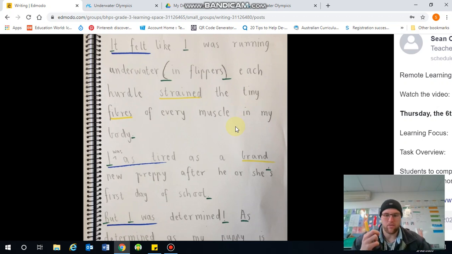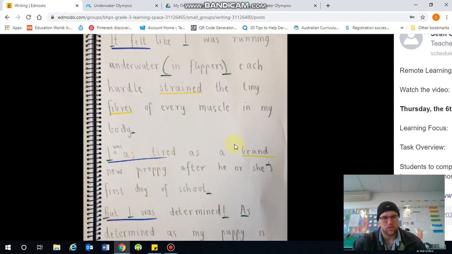So the red and the yellow, the blue and the green, and you're going to think about VCOP, and go through and see how you went with your VCOP. I started with blue, and I had a look at the openers, and I realized that I'd used "it felt," "I was as tired as," "but I was." They're all the openers that I used at the start of the paragraphs.